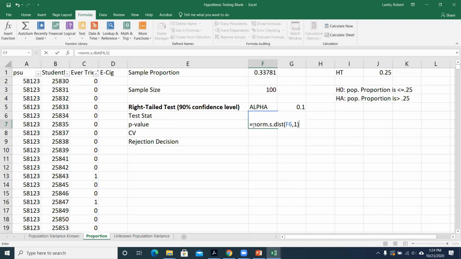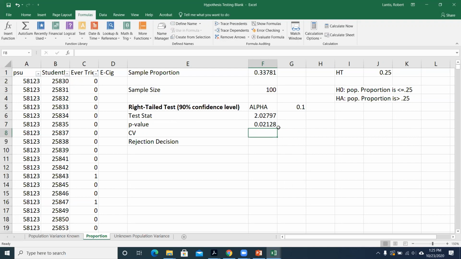I wanted the area to the right, so 1 minus that, right? That NORM.S.DIST will tell me the area to the left of my test statistic. I want the area to the right for this right-tailed test, and so I have to subtract that from 1. Okay? Any questions on that? So that should return to me my p-value, right?